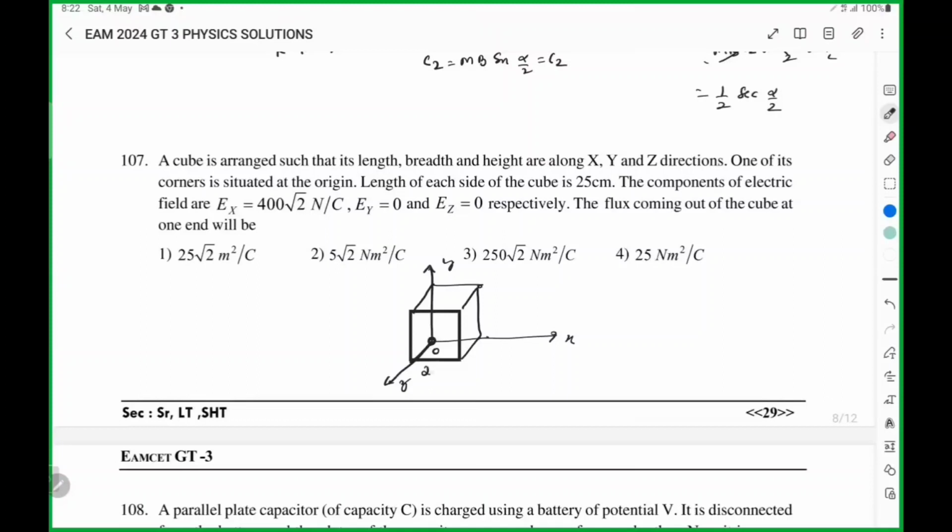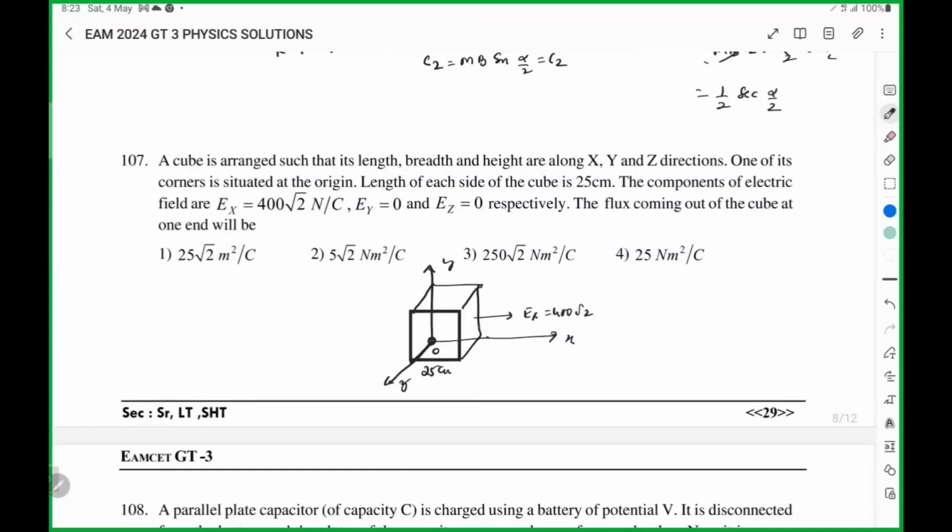The length of each side is 25 centimeters. The component of the electric field along the X direction is 400 root 2.